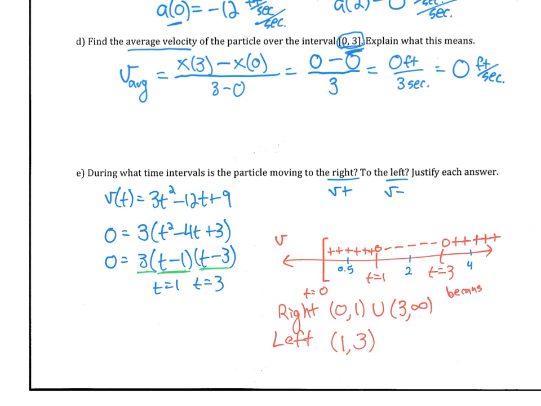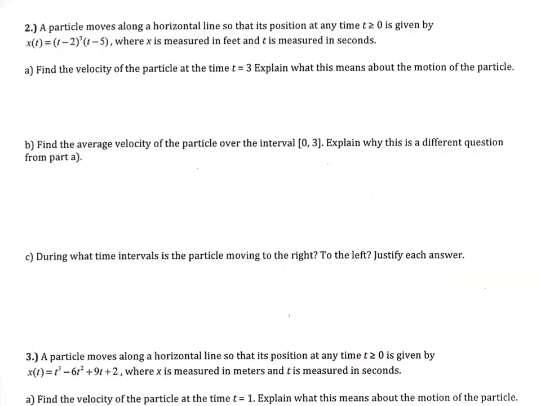The particle is heading to the right because the velocity is positive. And for the left, the particle is heading left. We know that because the velocity is negative.